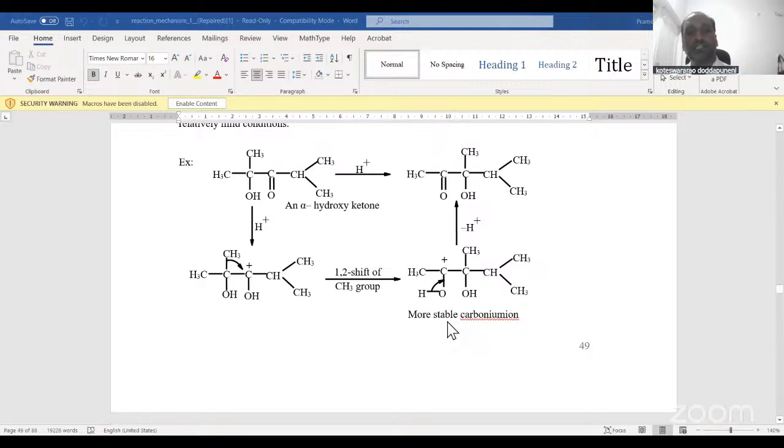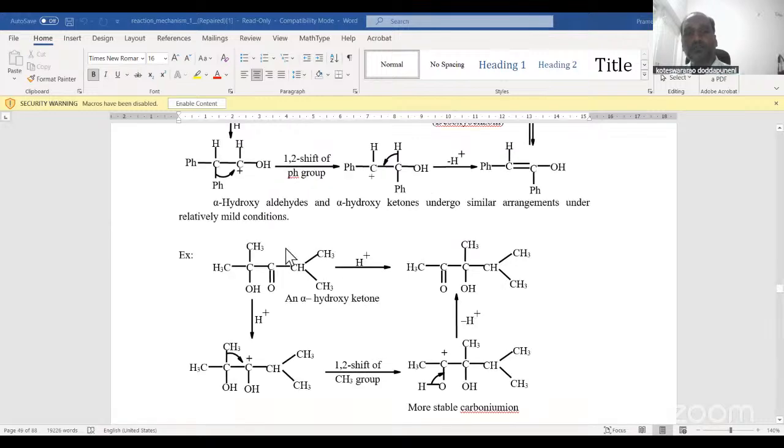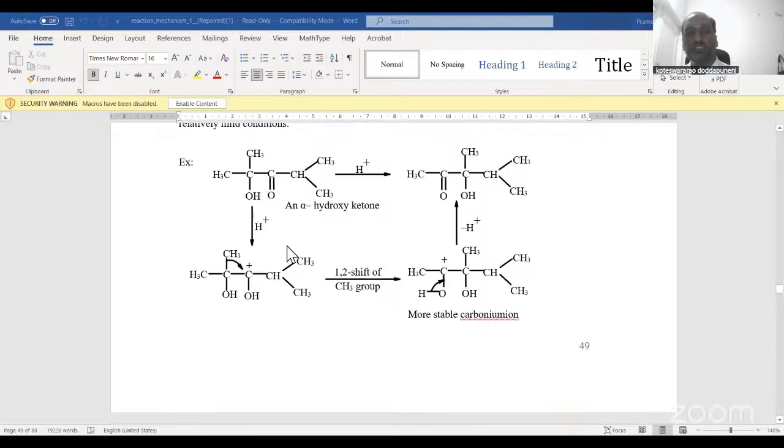This alpha hydroxy ketone undergoes alkyl rearrangement, an acid catalyzed carbonyl compound rearrangement. In the presence of acid, first protonation takes place, then the methyl group migrates here. Then a carbocation is generated. Then the oxygen donates a pair of electrons to the carbocation, which leads to the formation of a carbon oxygen double bond.